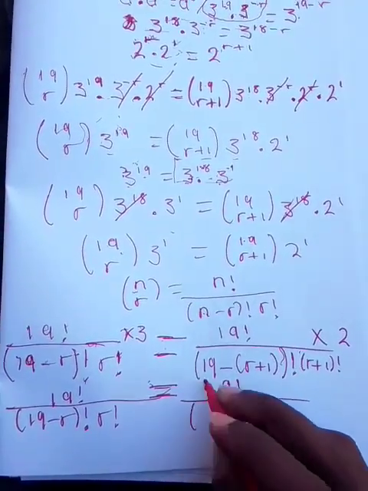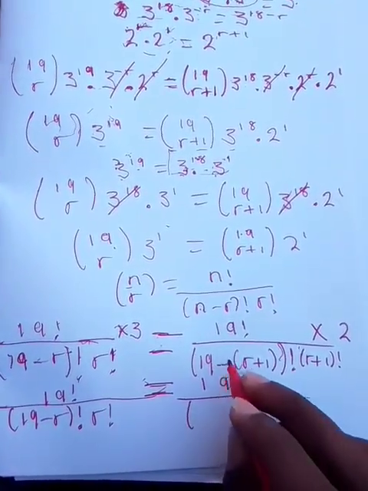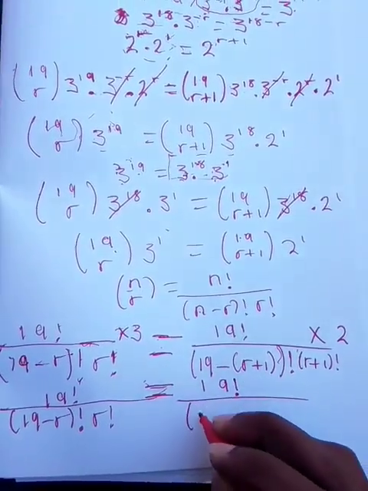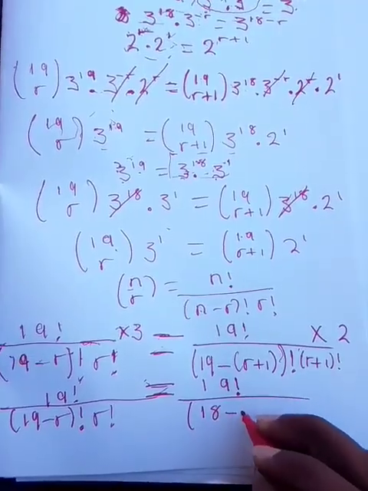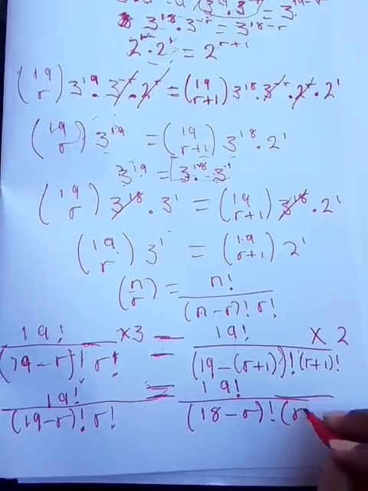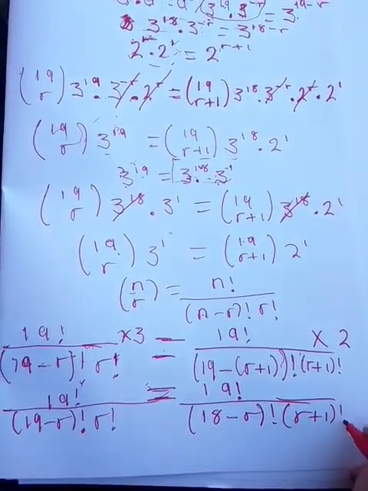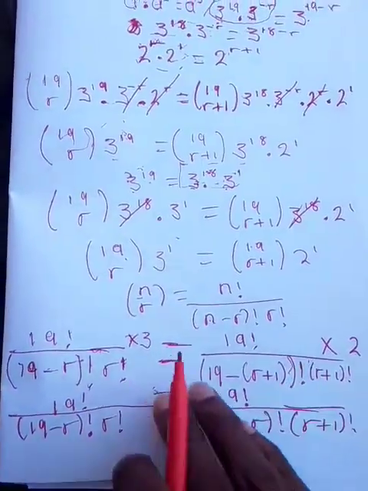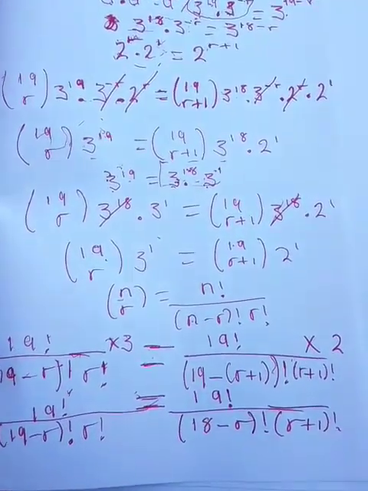If I simplify what I have inside, I'm going to eventually have 18 minus r, then r plus 1 factorial. So now let's simplify this.